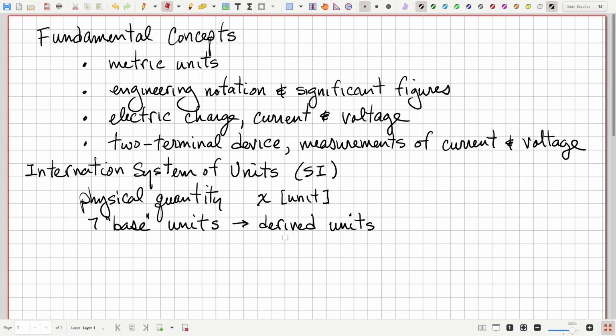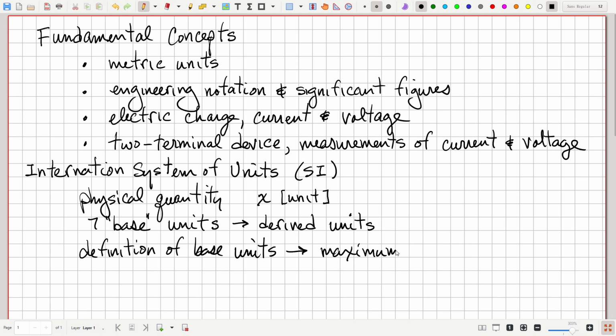Now, the way that the base units are defined currently might seem a little strange, but let's look here, definition. Base units are defined so that we can get the maximum precision in measuring them.